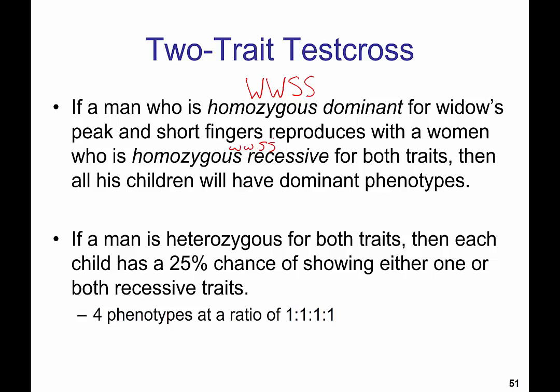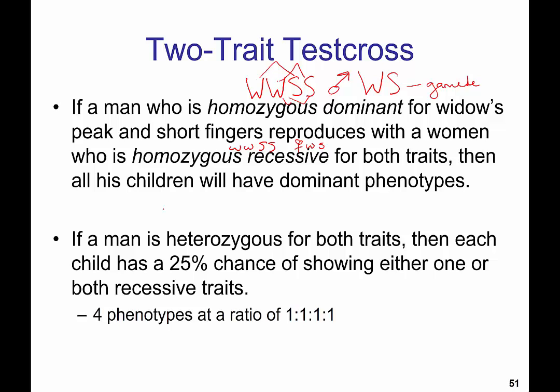So no matter how we combine these, for the man, we're only going to get big W, big S for the gamete. Similarly, for the woman, we can only get little w, little s for the gamete.